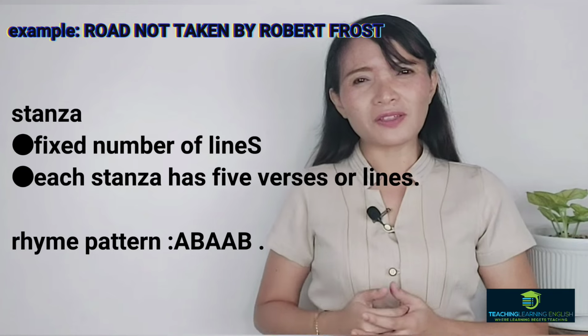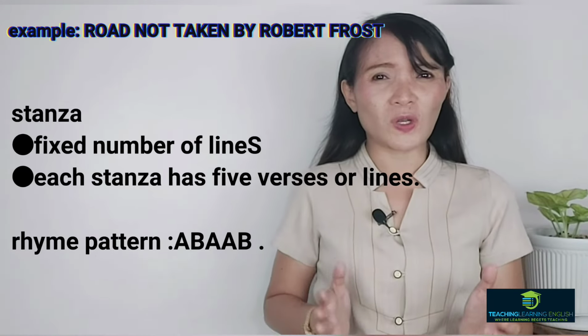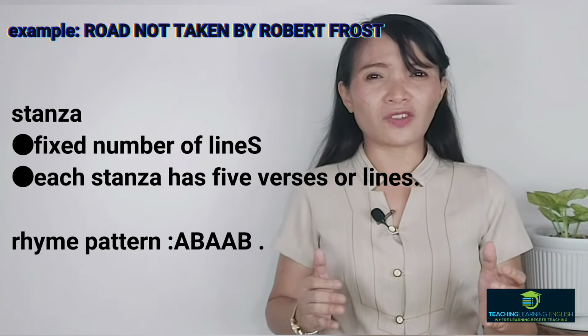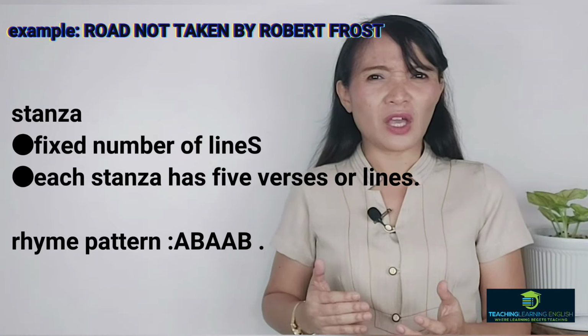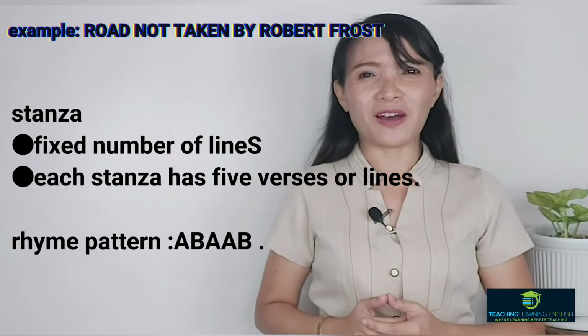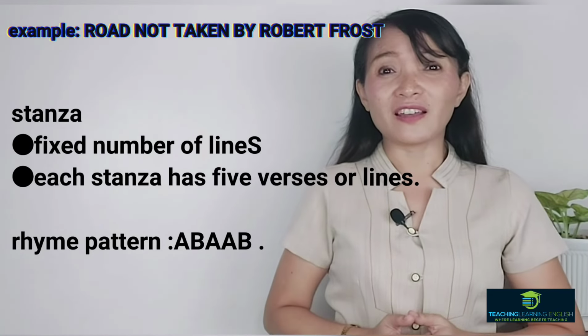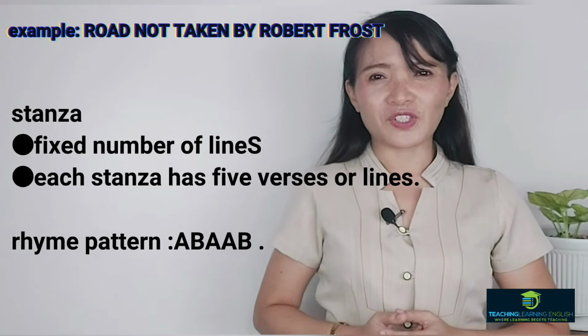Okay? Analyzing the structure in terms of stanza, it has a fixed number of lines. Each stanza has 5 verses or lines. It follows the rhyme pattern A, B, A, A, B. We usually identify rhyme patterns in sonnets. Most old poems follow a rhyme scheme, unlike the contemporary poems where most of them are in free verse style.